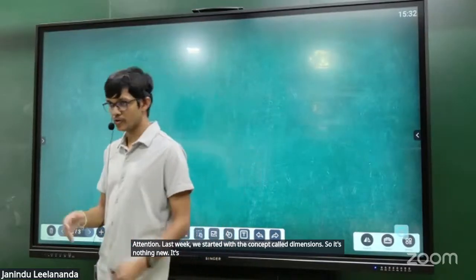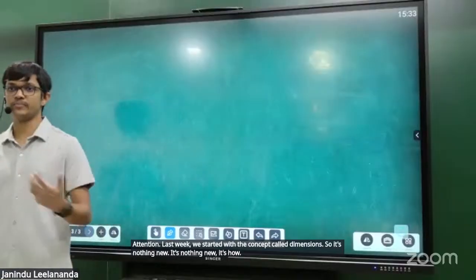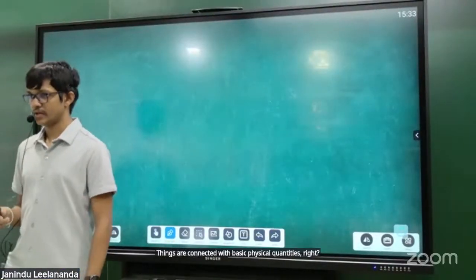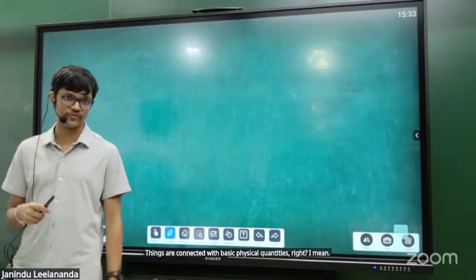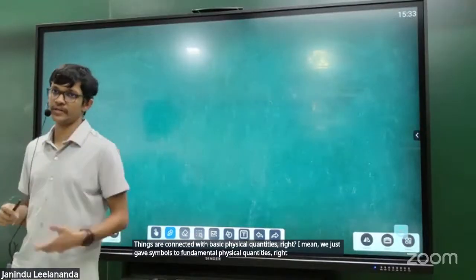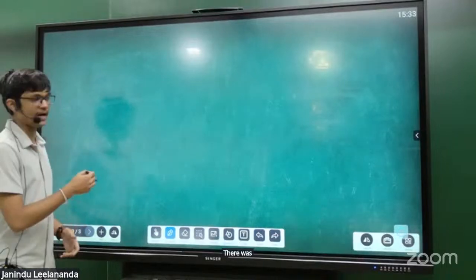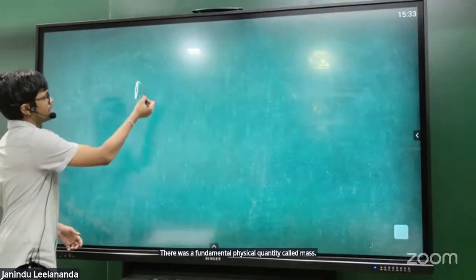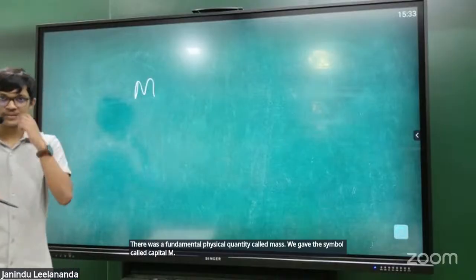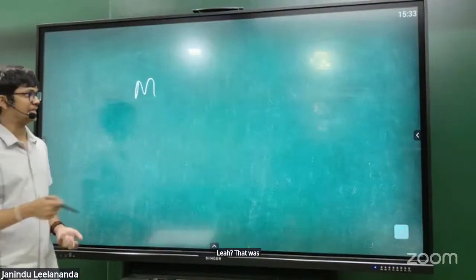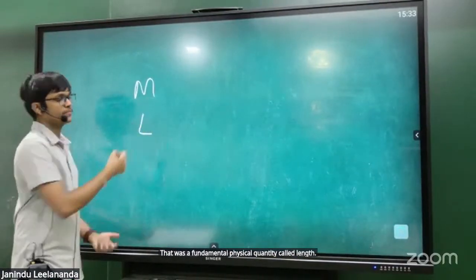It's how things are connected with basic physical quantities, right? We just gave symbols to fundamental physical quantities. There was a fundamental physical quantity called mass, and we gave the symbol capital M, clear? There was a fundamental physical quantity called length. We gave the symbol L, okay?